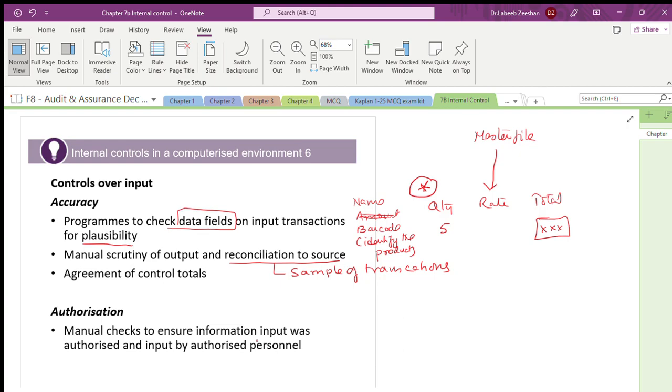And subsequently, we do agreement with respect to control totals. Control totals, as an example: you are handling the cash. Sunday, Monday, Tuesday, Wednesday, Thursday. These totals and these totals should match.